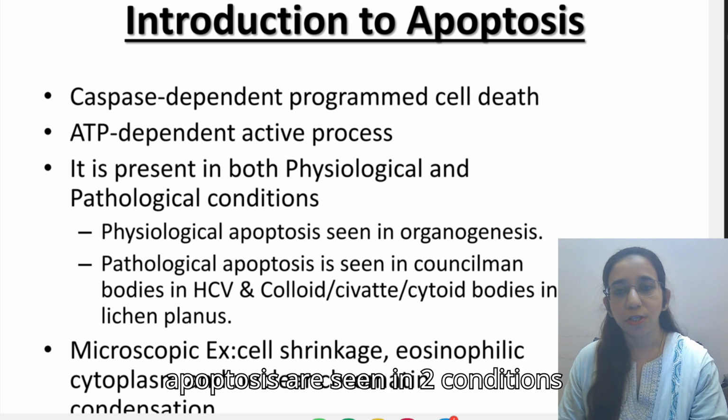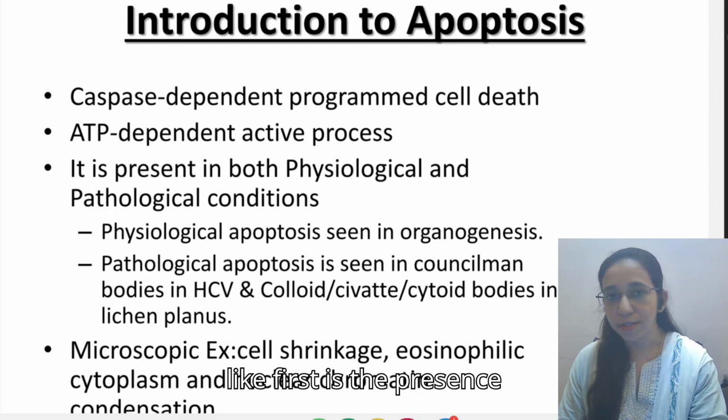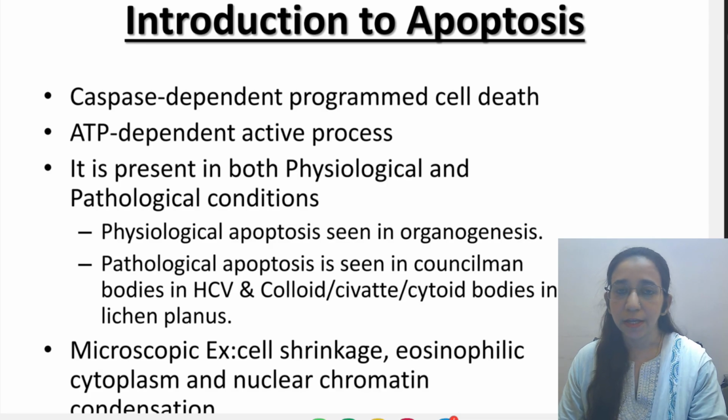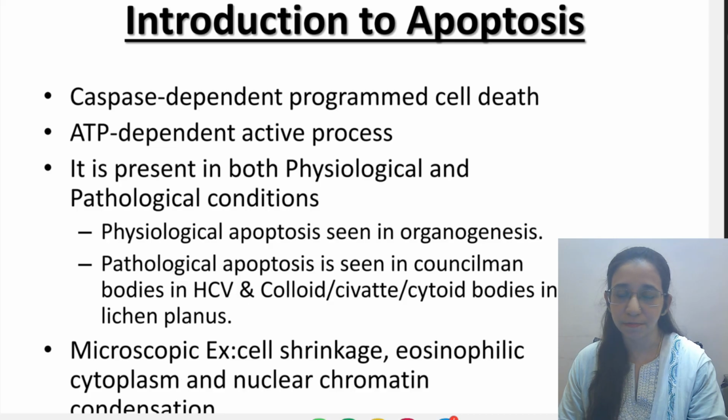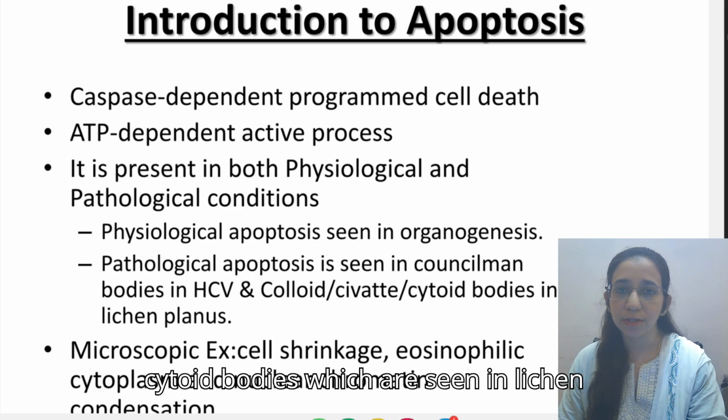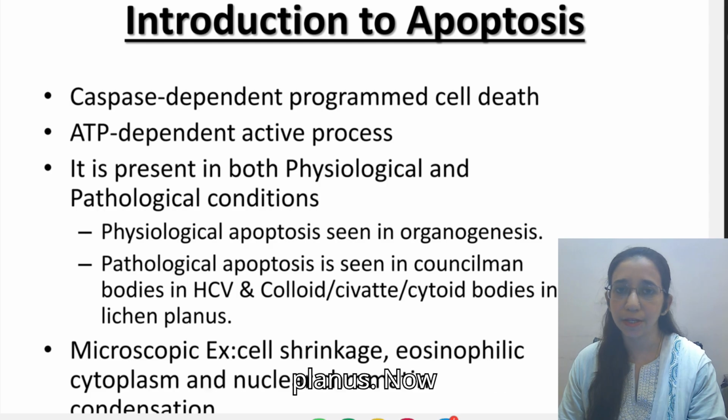Pathological apoptosis is seen in two conditions: first is the presence of Councilman bodies in hepatitis C virus induced hepatitis, and the other one is the colloid or civatte or cytoid bodies which are seen in lichen planus.